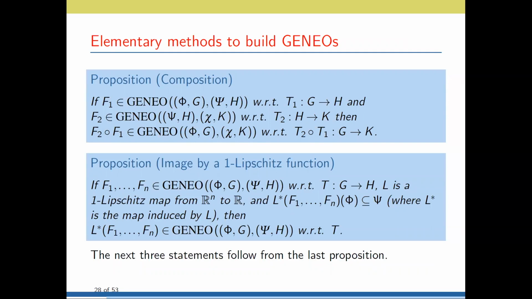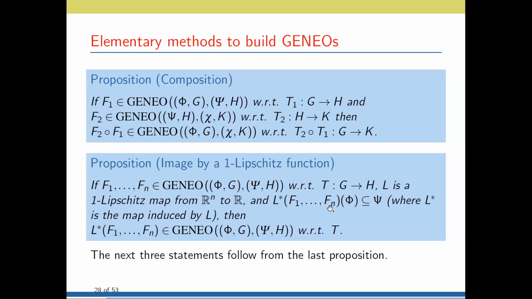If you take a one-Lipschitz function from R^n to R, let us call this function L, and you compose n GENEOs by using L, you obtain another GENEO with respect to the common homomorphism that is shared by the n GENEOs.